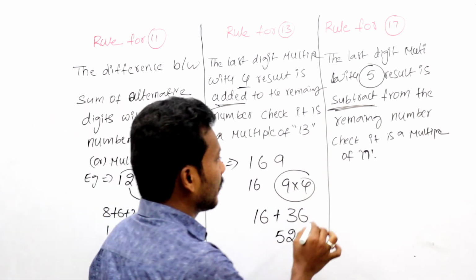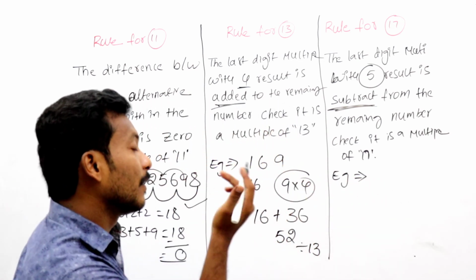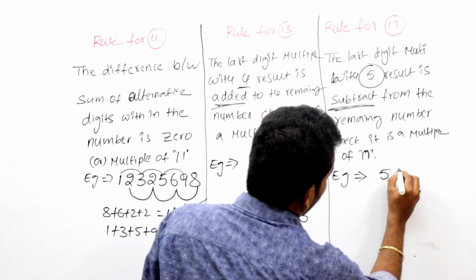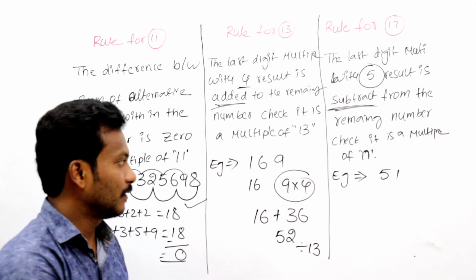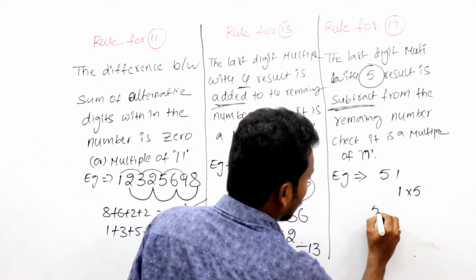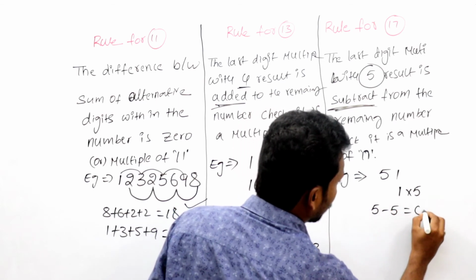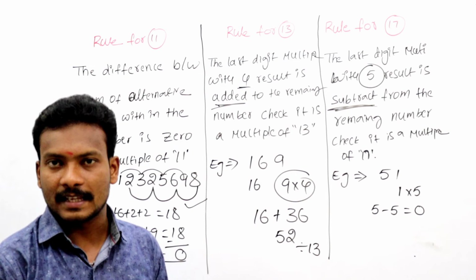I am taking an example, 51. The remaining number is 5, the last digit 1 times 5 is 5. 5 minus 5 is 0. Whenever it is getting 0, it is exactly cancelled.